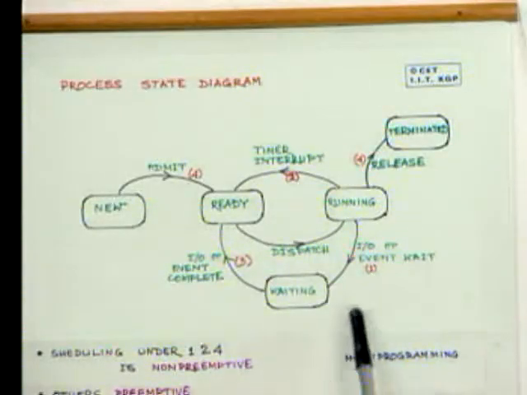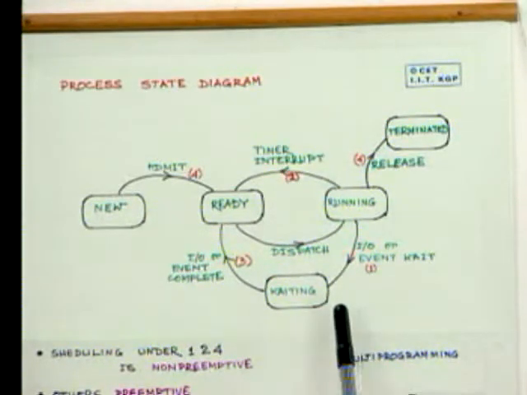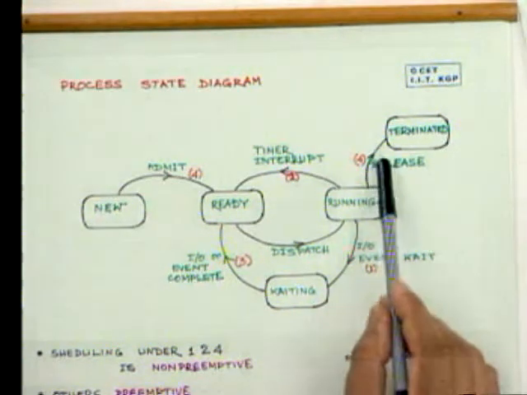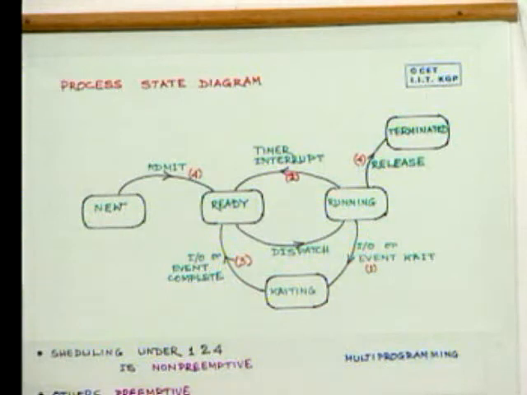Before we start the discussion, let's revisit the process state diagram to have a very clear idea of when the CPU scheduling algorithm should be invoked. Here the different transitions have been shown.